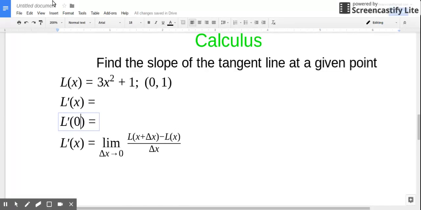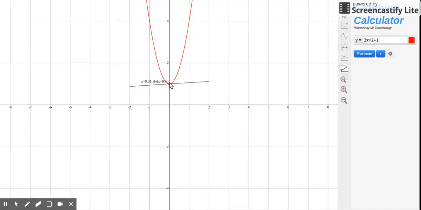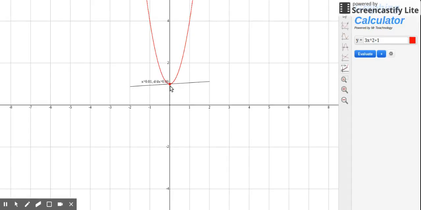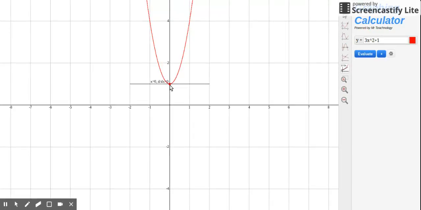Let's go up and look at the graph and see what we've got on here. So this is the graph here of 3x squared plus 1. And here's the point. Oh, there it is. So there's the point.